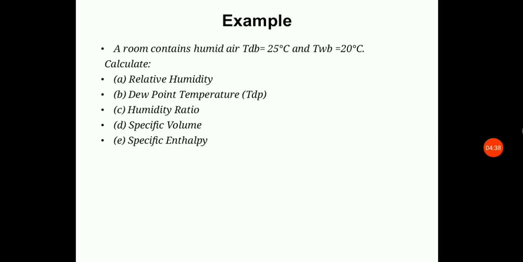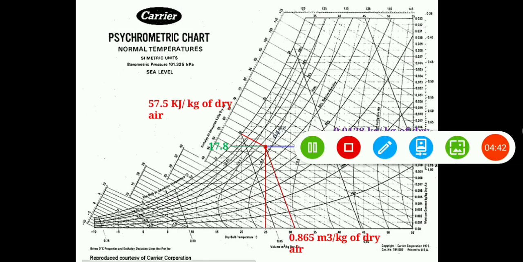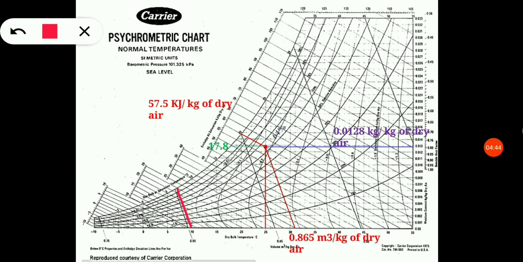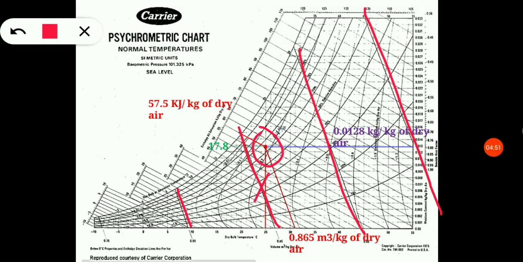The next thing that we have to find out is the specific volume. To find out the specific volume, here we can see inclined lines, different inclined lines are shown over here. Our given point ranges between the first and this second. I am marking this as 1 and this as 2. So it ranges between 1 and 2.